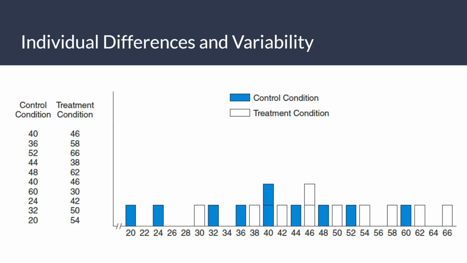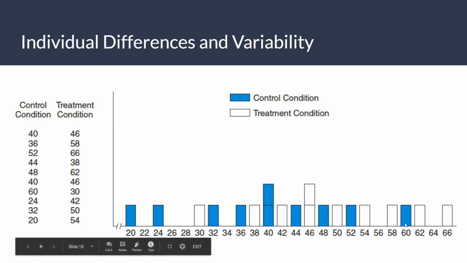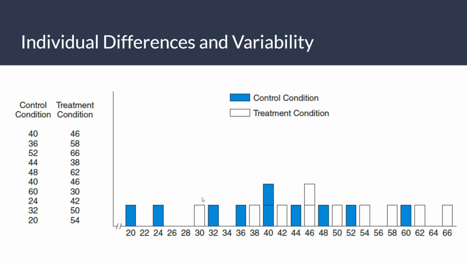So look at this. On the right side, you can see someone here scored a 60 even without supplemental classes. On the other hand, there's someone here that even with the supplemental classes, his score was very low. His score was only 30. Perhaps their individual differences or their IQ, even before the treatment, may influence the result of the study.